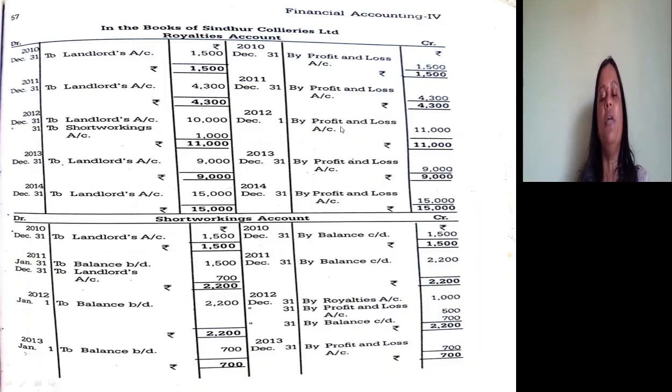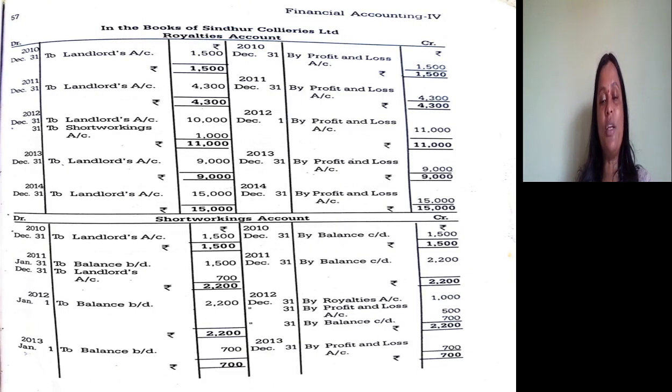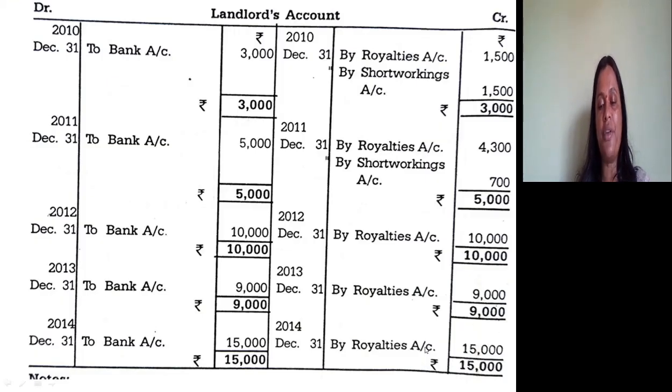Then we are moving towards the fifth year. You just compare royalty with minimum rent. Royalty is more than the minimum rent, so there is excess royalty. Excess royalty is not used for recoupment. So this is the last situation, the fifth situation. Journal entry: royalty account debit to landlord account 15,000.